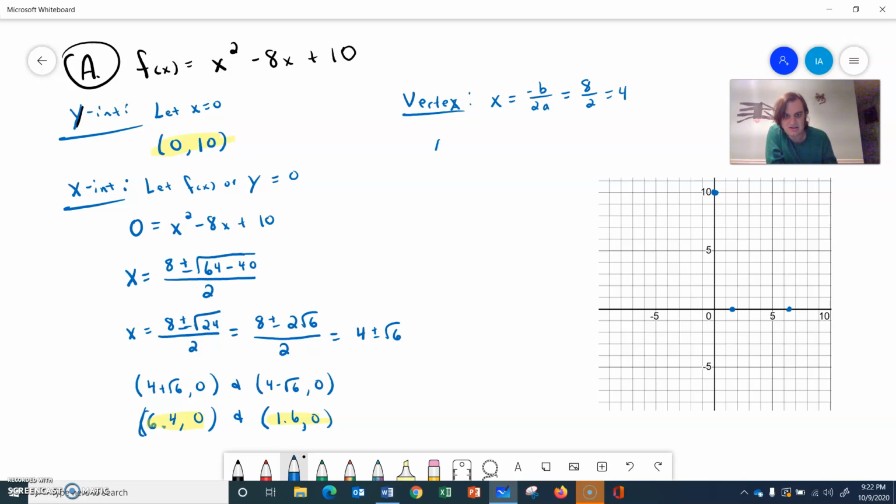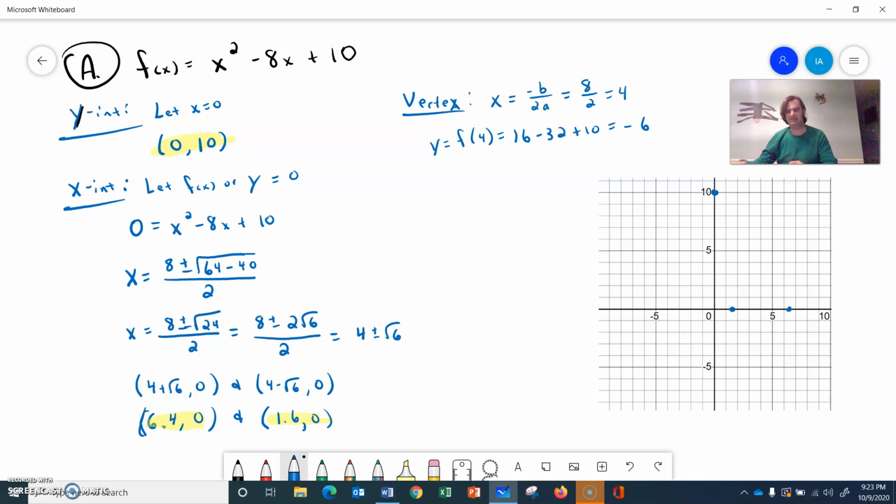Then the y value is f of 4, which if I plug it in will be 4 squared or 16 minus 8 times 4, so it'll be minus 32 plus 10. So I've got 26 minus 32, I think that is minus 6.